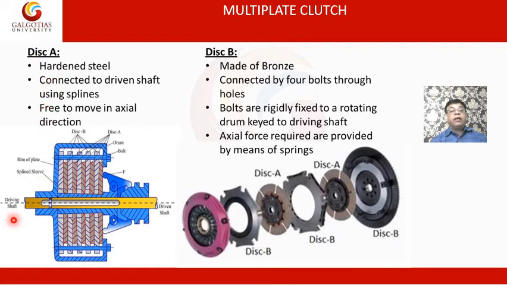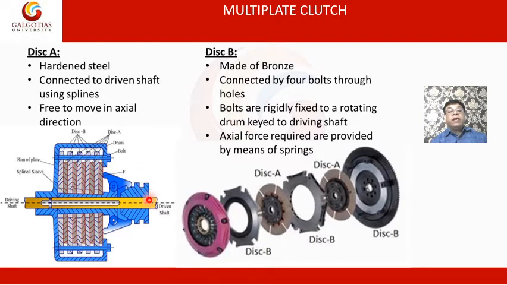Disc A is connected to the driven shaft using splines, and disc B is connected by 4 bolts through holes.